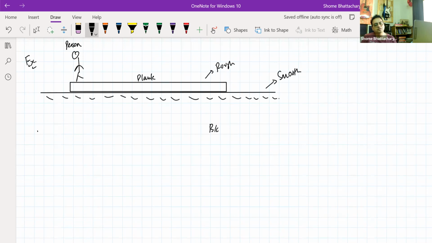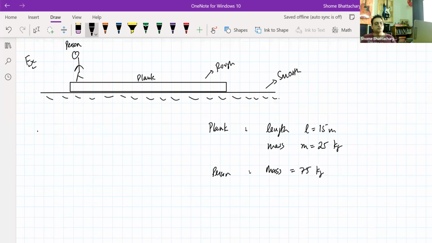The plank has a length of, let's say 15 meters, so almost 45 feet long, very long plank. And it has a mass of, let's say, 25 kilograms, whereas the person has a mass of 75 kilograms. Initially the person is at that end.